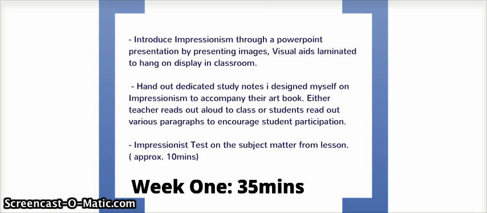Hand out dedicated study notes I designed myself on Impressionism to accompany their own art book within the school. Either the teacher reads out aloud to class or students read out various paragraphs to encourage student participation. And at the end of the class, an Impressionist test on the subject matter within these dedicated study notes that we have already read in the lesson.